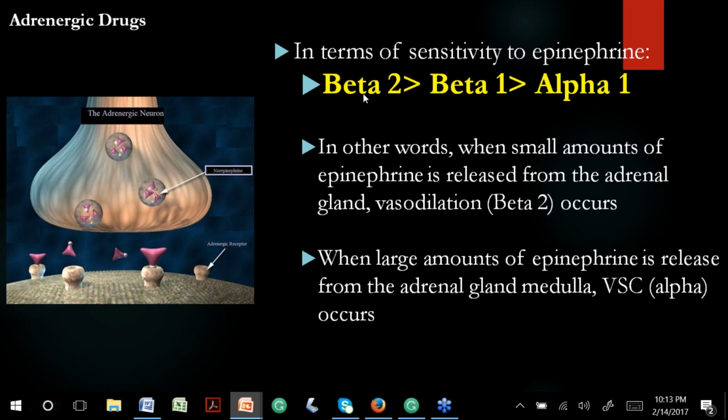So if you see here beta 2, for example, albuterol is a bronchodilator, right? We're talking about agonists. Beta 2 is a bronchodilator, the albuterol, for example. But if you give too much albuterol, it can lead to stimulation of the beta 1. That means tachycardia, so that can increase the heart rate, for example.